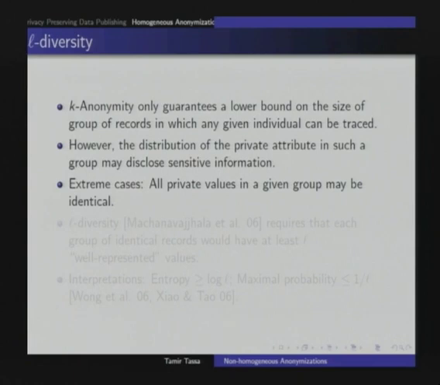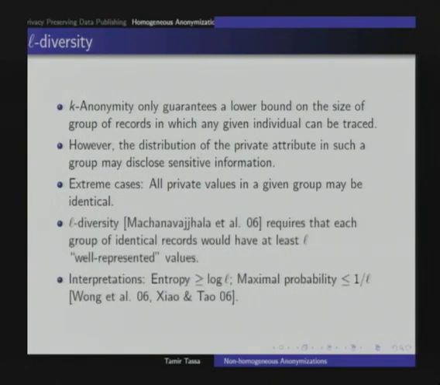So this is what L diversity comes to correct, or this is the problem that was identified in the paper from 2006.